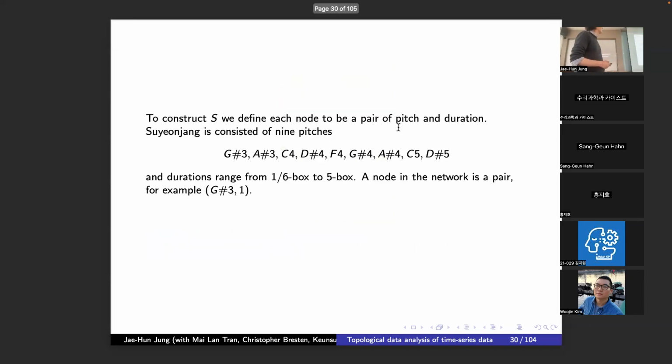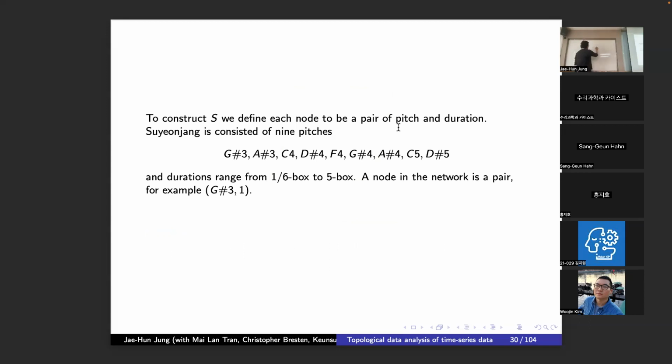Okay, how do we construct this embedding space? So this is what we did. For example, I'm going to draw this one. Say the first note of the music is a G sharp 3.